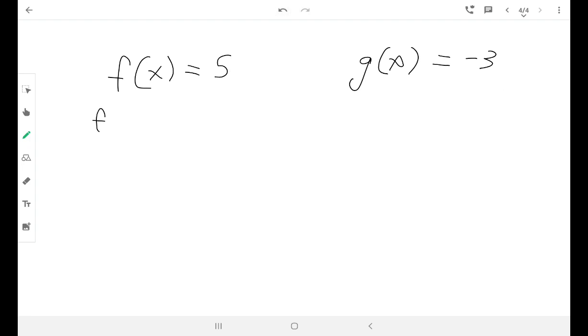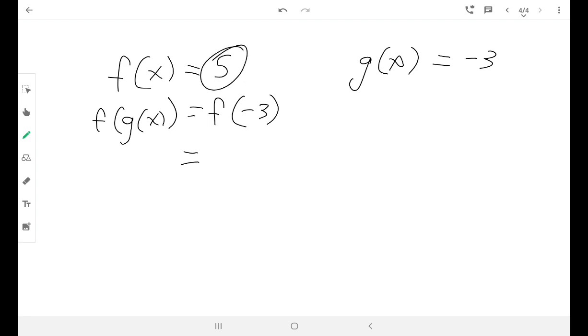So that means if I do f of g of x, g of x just equals negative 3, which means that I would go into here and put parentheses around every x, and then replace those parentheses with these ones, but there are no parentheses in here. So f of negative 3, that's like putting the negative 3 right there, and it still equals 5.